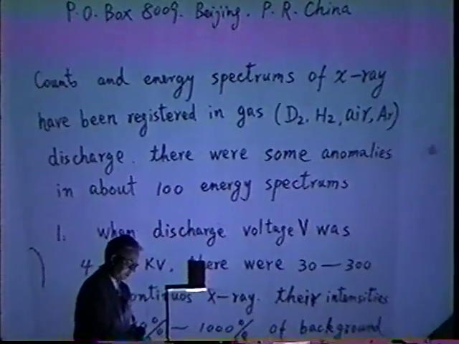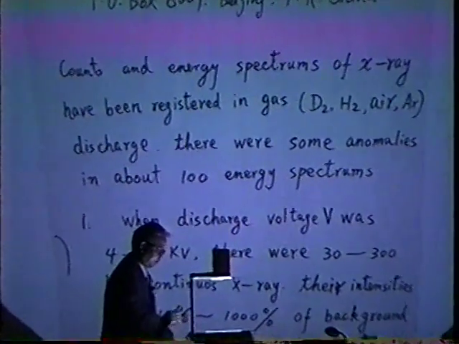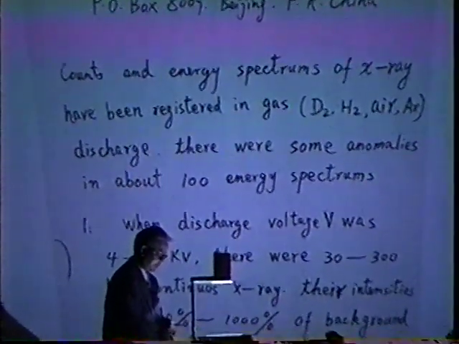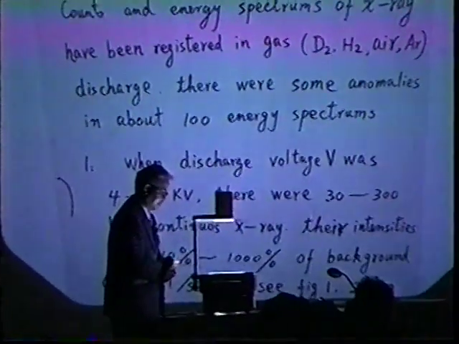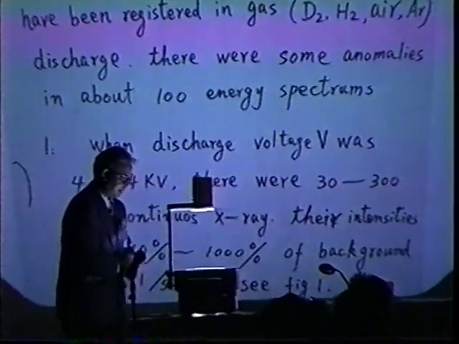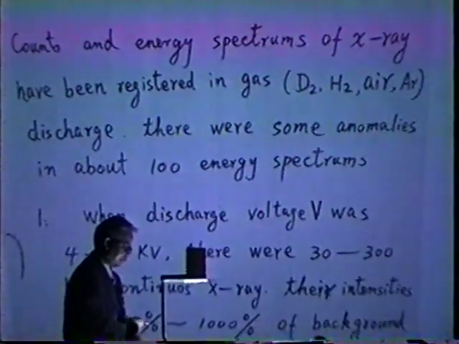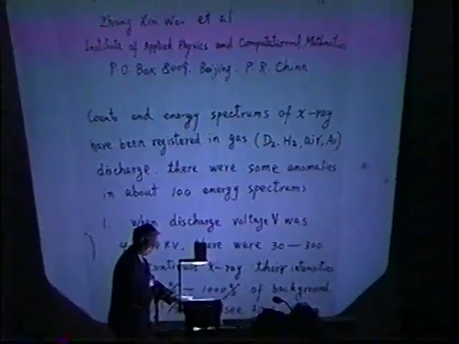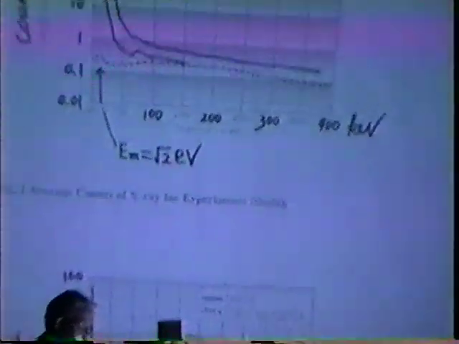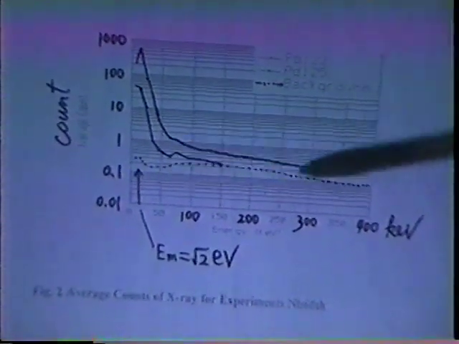When the discharge power was 4 to 14 kilowatts, there was 30 to 300 keV continuous X-ray. Their intensity was 10% to 1,000% of background. This is energy, this is counts, this is background.